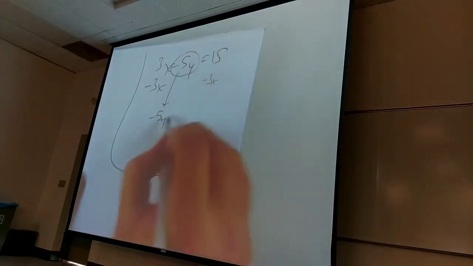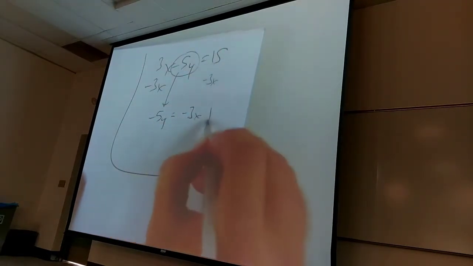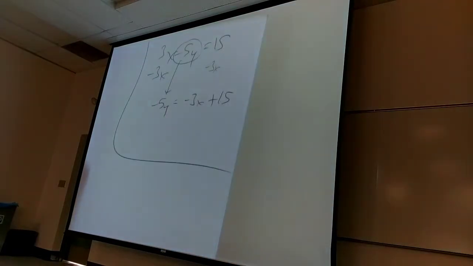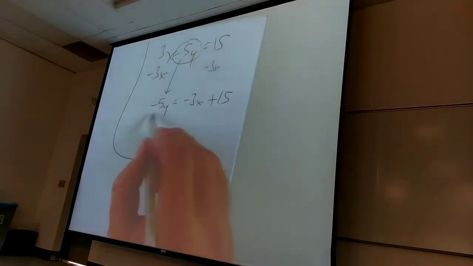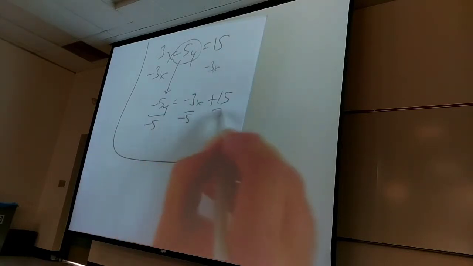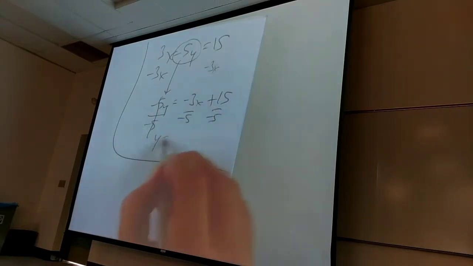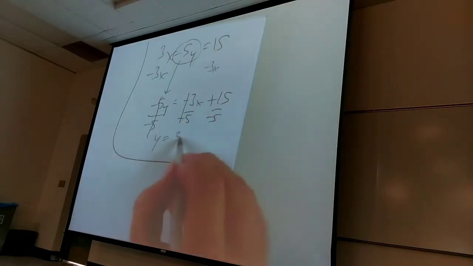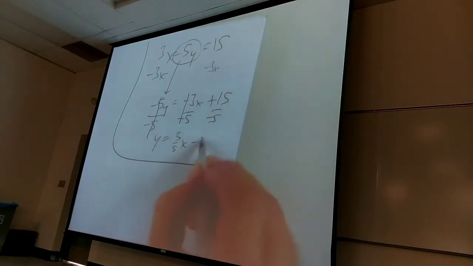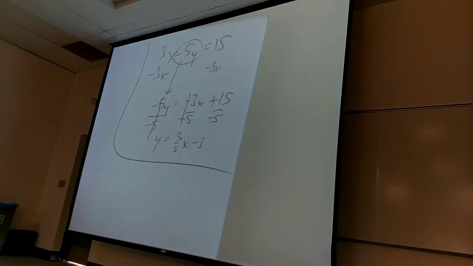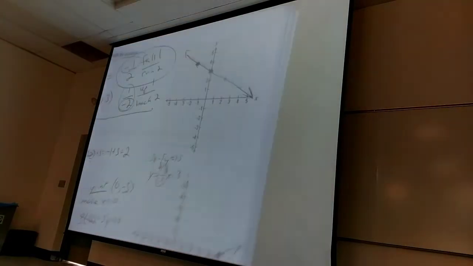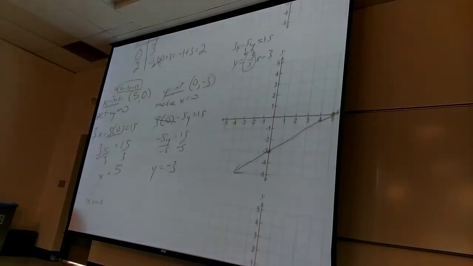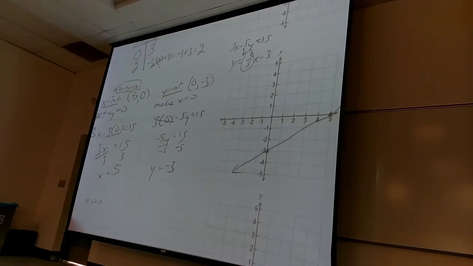Negative 5y. Good so far? Then you divide by negative 5. The negatives cancel. Okay. Is that decent with everybody? You understand my message? You didn't mishear what I'm saying?